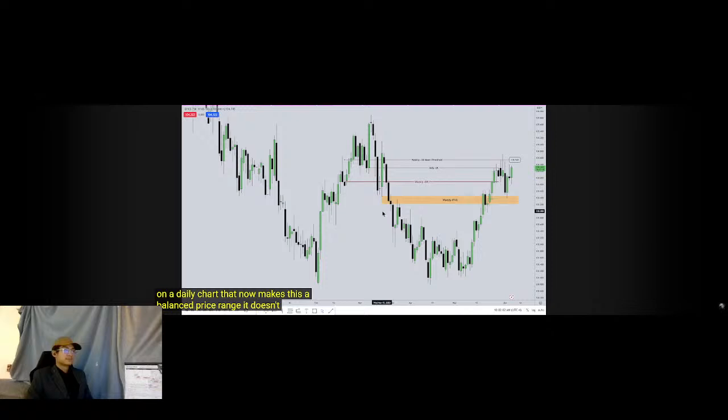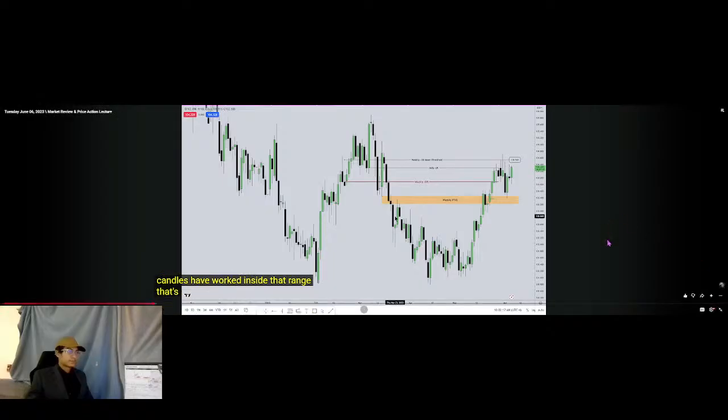It doesn't. Because on the weekly time frame, it's inefficient still. The higher time frames have to have bodies hit the floor. That means it's got to cover that gap. Even though these individual daily candles have worked inside that range, that's not.